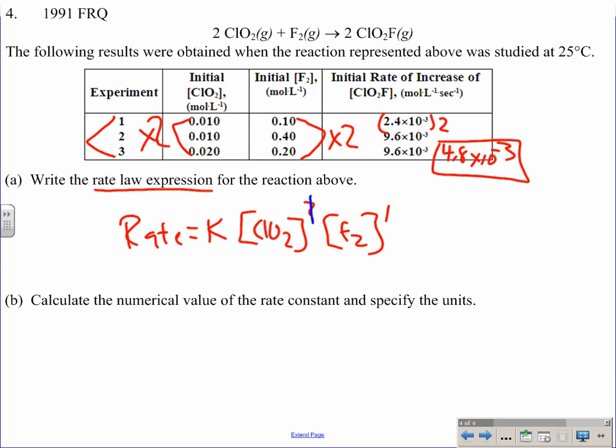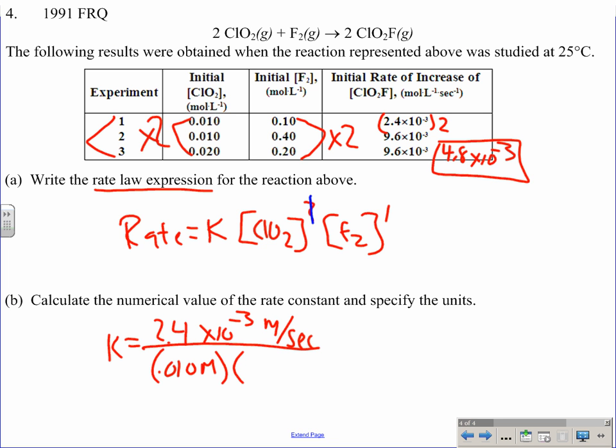Then to calculate the value of K, just like we've always been doing here, K would equal the rate. Well, I'm going to pick experiment 1. So 2.4 times 10 to the negative third, and that would be molarity per second. And that's going to be divided by the concentration of the first substance, which is 0.010 molar. Since it's first order, it's just times the concentration of the second substance, which is 0.1 molar.